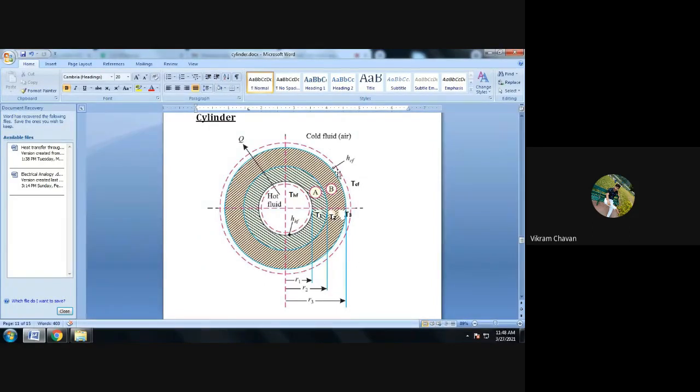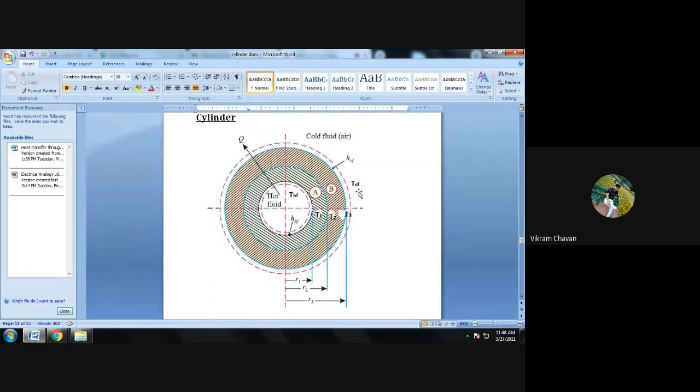Because when the heat is transferring from a surface to the fluid, we have to consider convection heat transfer. The external fluid, the external air or environment, has the temperature T suffix CF.